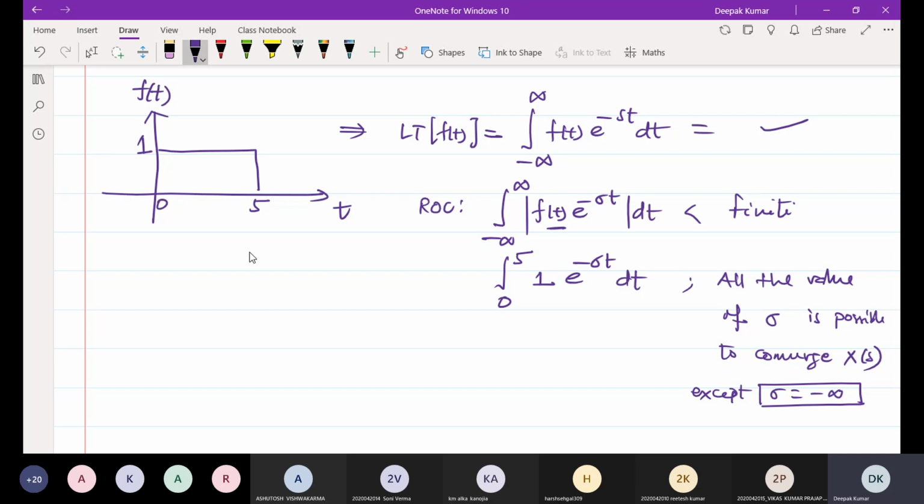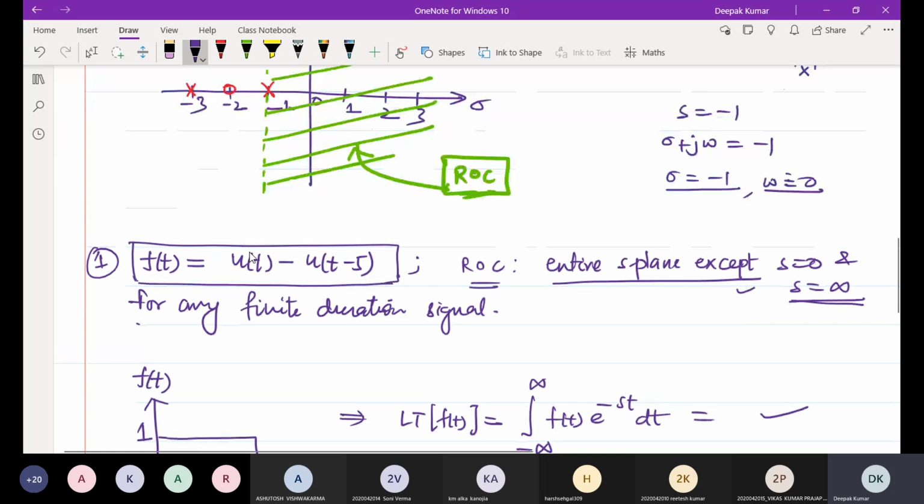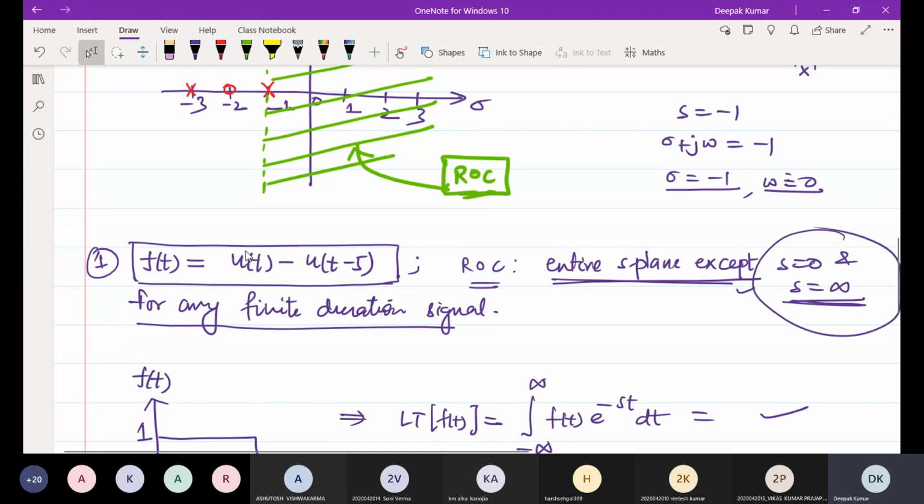So in some examples, you will see that sigma positive or negative infinity, or sigma equal to 0, these values will be left out or eliminated from the region of convergence. All other possible values will be considered. So this is one property of region of convergence. Please keep in mind that for any finite duration signal, the ROC will be the entire S plane except possibly these two points.